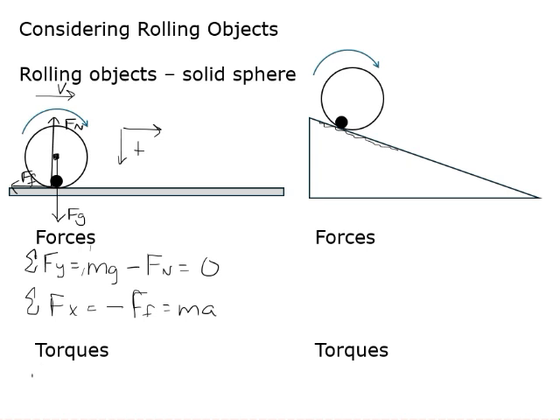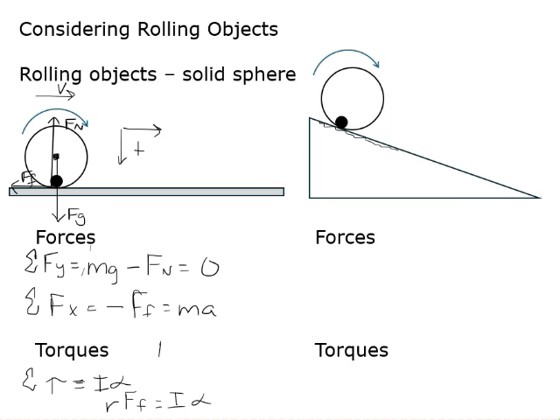And then for the torques that we would be involving here, the only force that would be creating a torque would be from our force of friction. So we know that the sum of the torques is equal to the moment of inertia times the angular acceleration. And we would find that the radius times the force of friction would be equal to the moment of inertia times the angular acceleration.